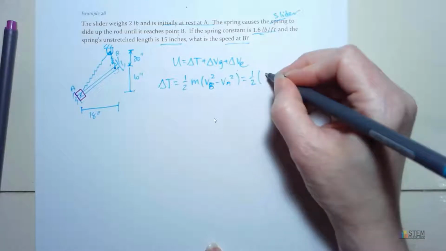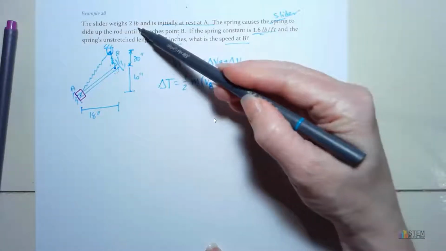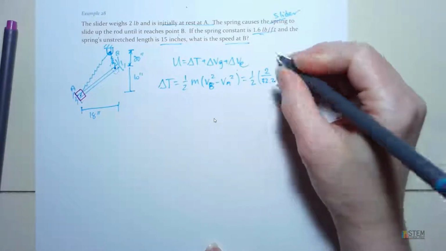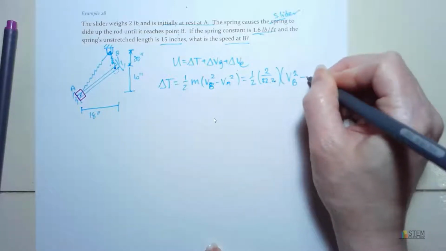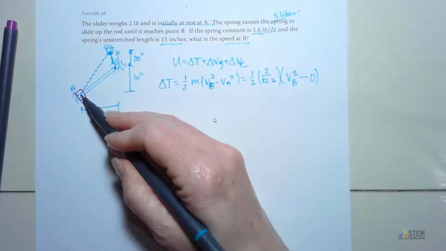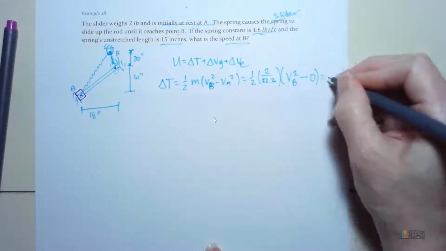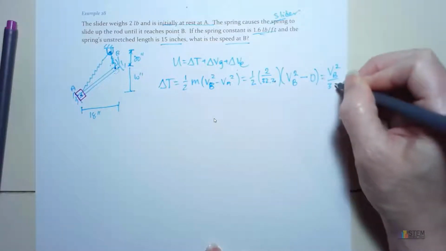That'll give us 1/2 times 2. This weight was given, so we need to divide by 32.2 and then multiply by VB squared minus 0 because we were initially at rest here. Now we get that. Simplify that, we get VB squared over 32.2.